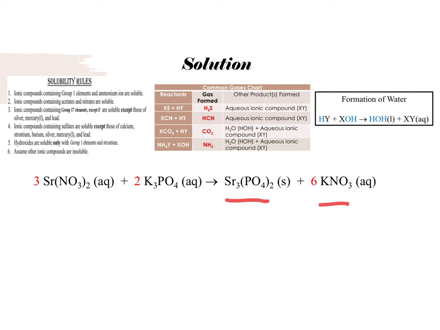Because strontium phosphate has phosphate, and phosphate's not mentioned anywhere in the solubility rules, rule number 6 applies. Assume all other things are insoluble, which is a solid. And then the potassium nitrate, potassium's a group 1 element, rule number 1, and actually rule number 2 with nitrate, and that's why it's aqueous. So this reaction does occur and it makes a precipitate.